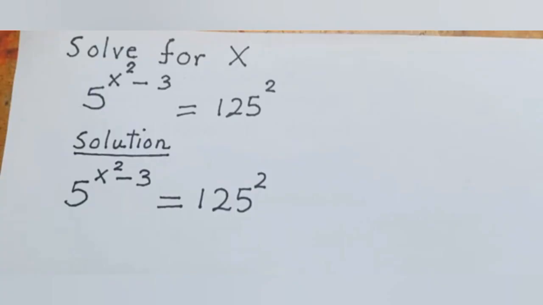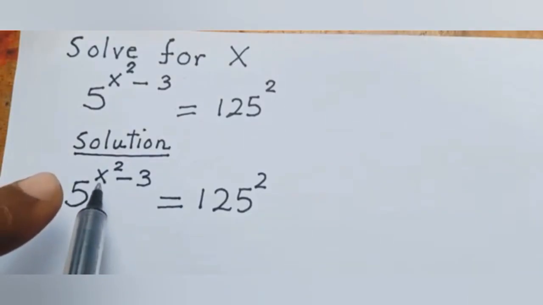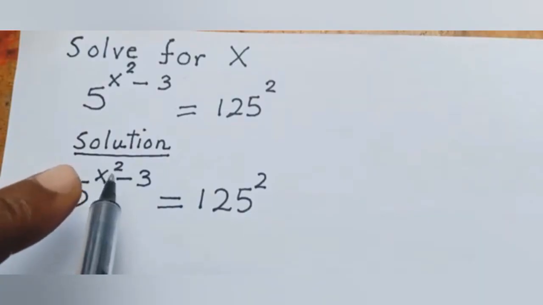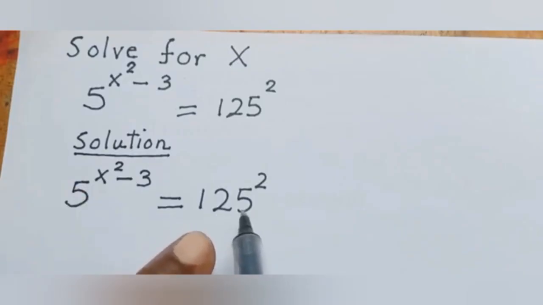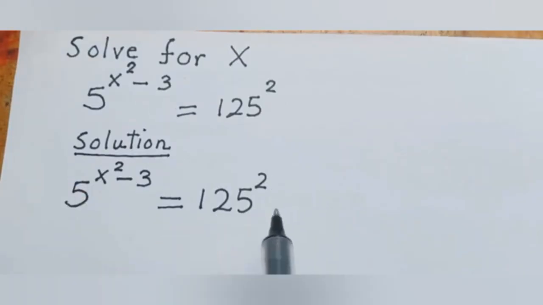As you can see here, we have the exponential equation, which is 5 raised to power x squared minus 3 equals 125 raised to 2.